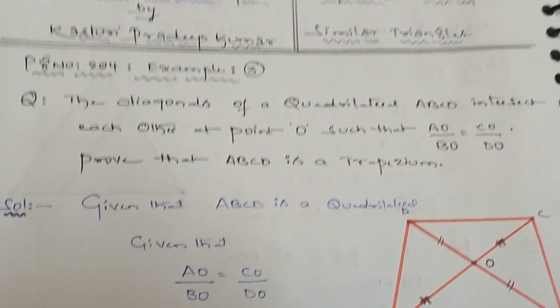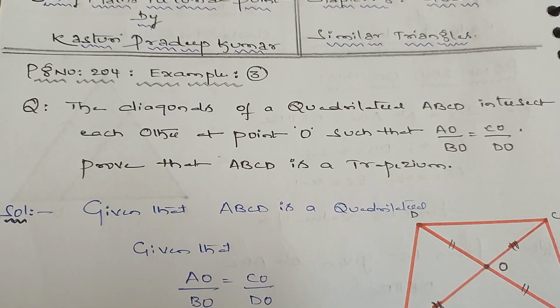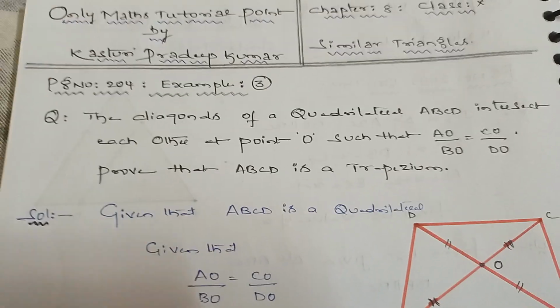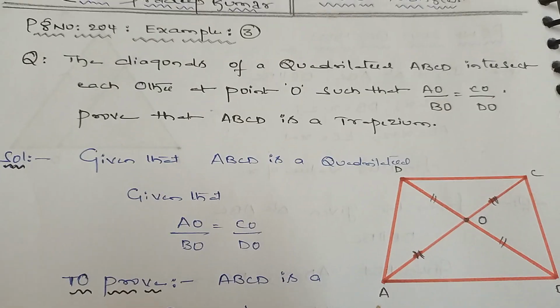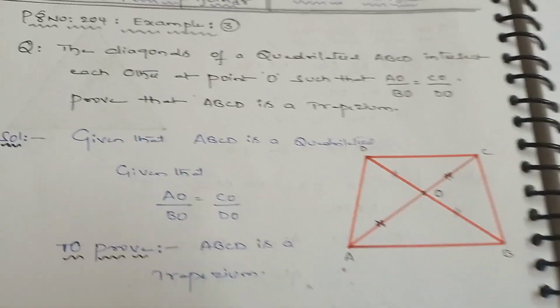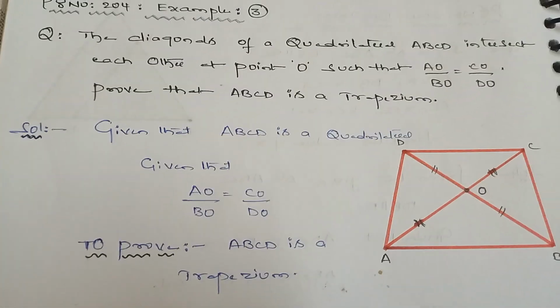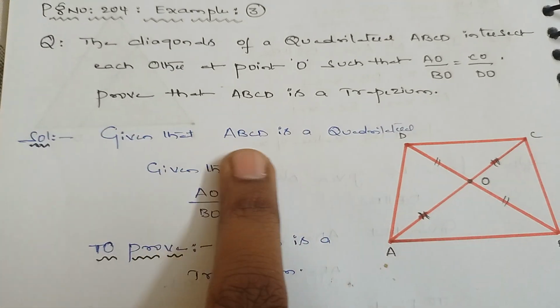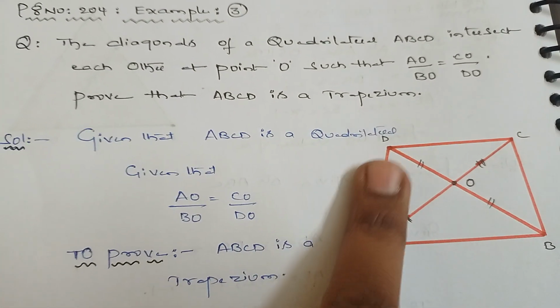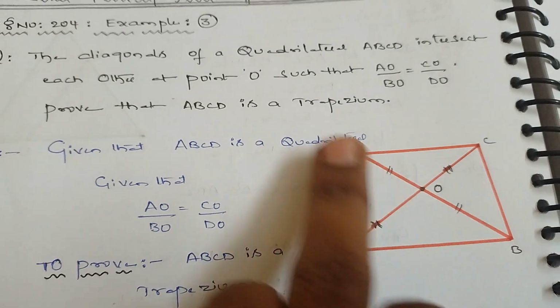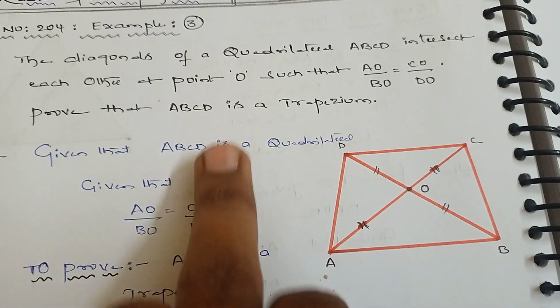Here, given that ABCD is a quadrilateral, based on the condition we have to prove that ABCD is a trapezium. First write down what is given in the question. Take a rough figure of the quadrilateral with the given conditions.